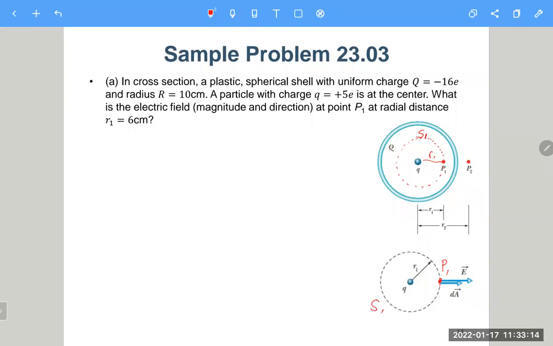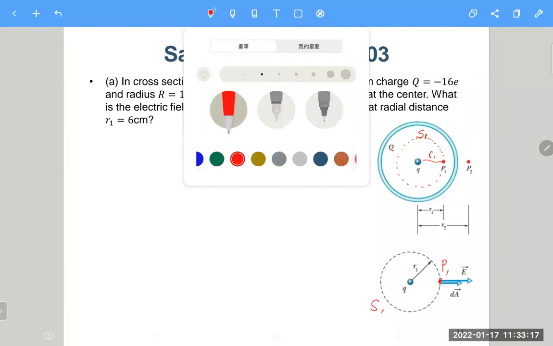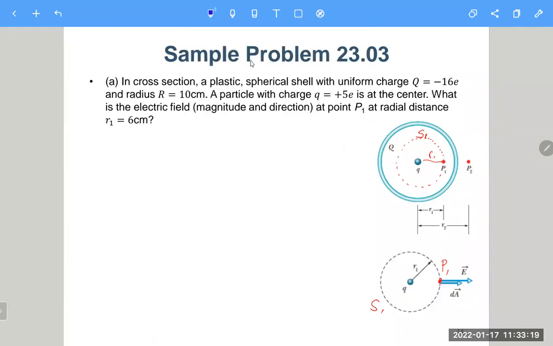Of course, we would like to use Gauss's law for this S1. So we will have epsilon naught times the closed surface integral of E dot dA equals Q enclosed, for part A. For this Gaussian surface, the only enclosed charge is small q.